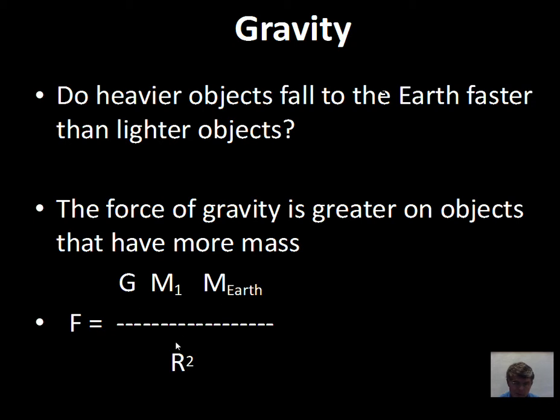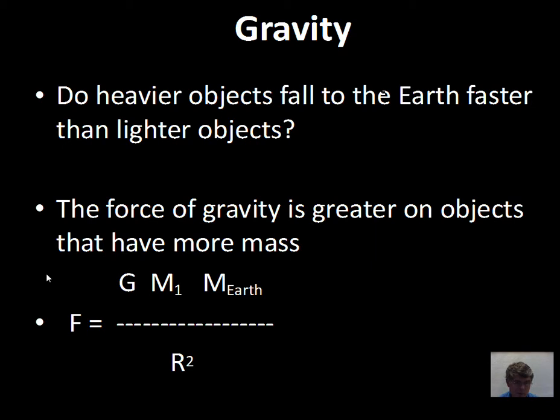So g, m, and r are held constant. We're just varying mass 1. We get a certain amount of force with mass 1. If we take an object that has 3 times the value of mass 1 for its mass, the force will be 3 times greater. So will it fall faster?